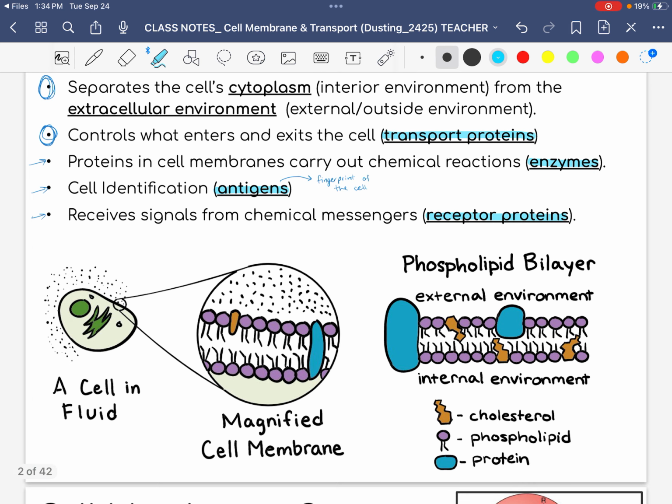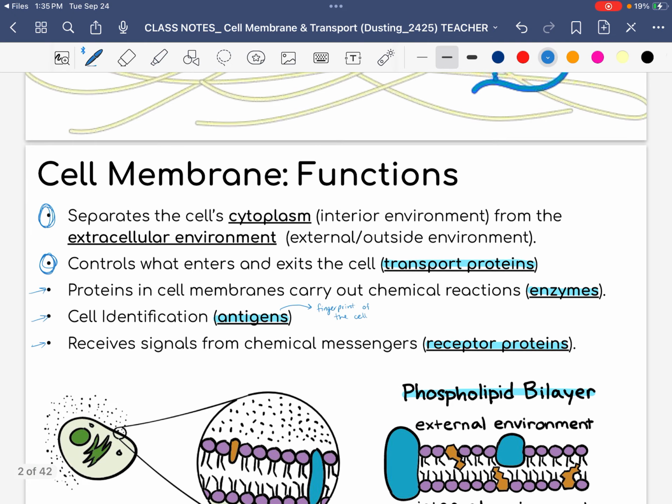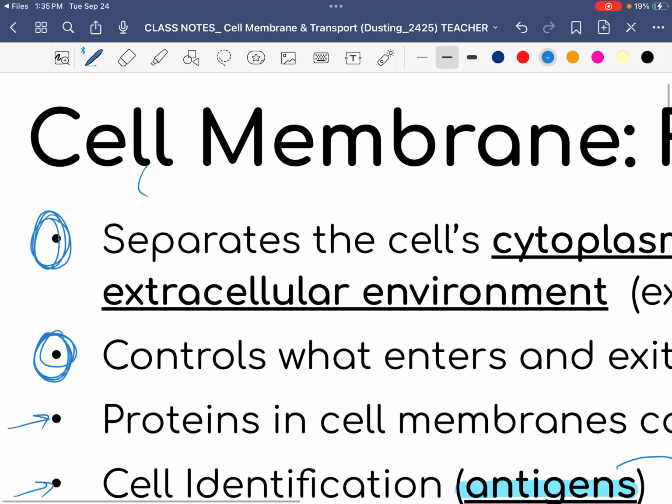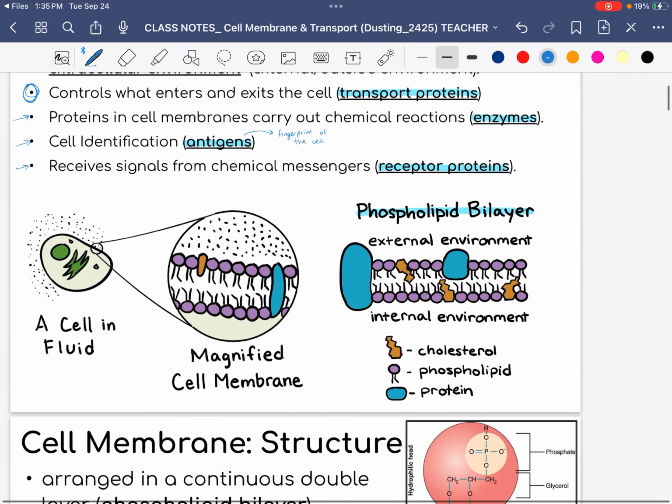Now, just as a little reminder, the cell membrane can also be called the phospholipid bilayer or the plasma membrane. And it's made of a phospholipid bilayer.